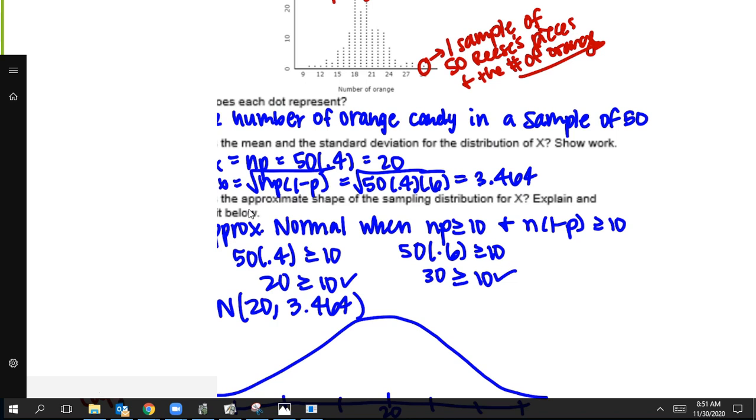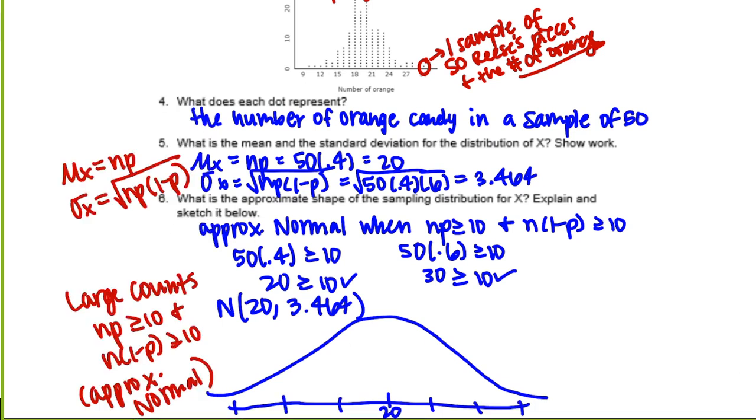Then we have approximately normal. And so that is stuff that we learned before winter break, but we are using it now. And so that's going to be really important to us as we keep going.